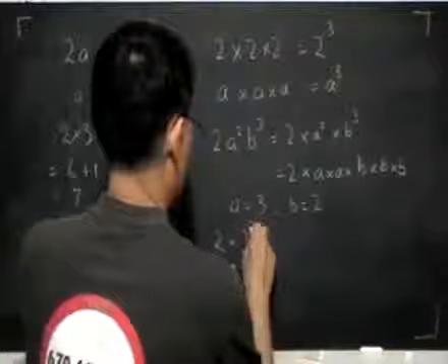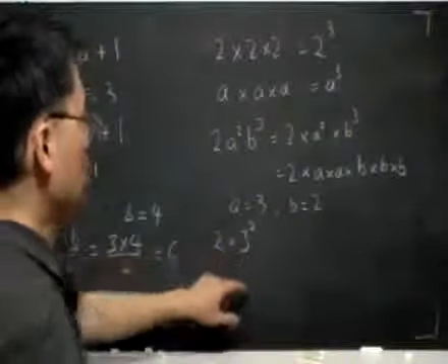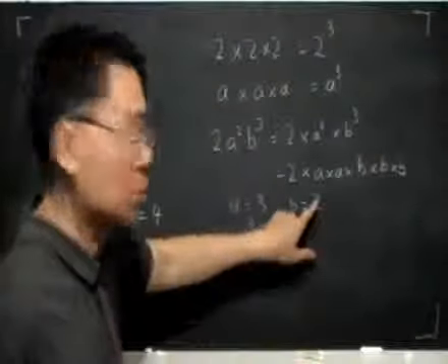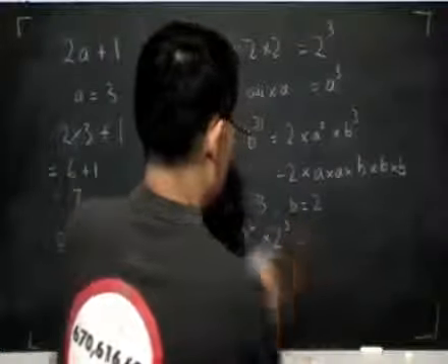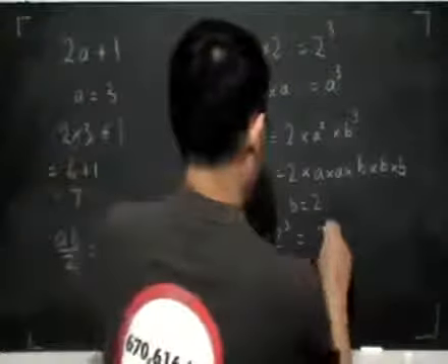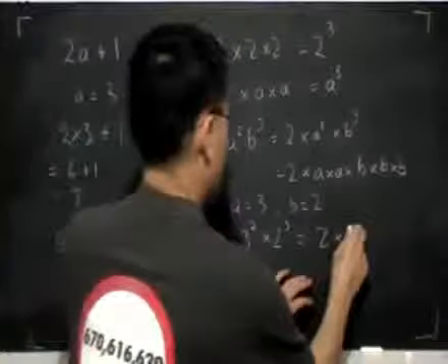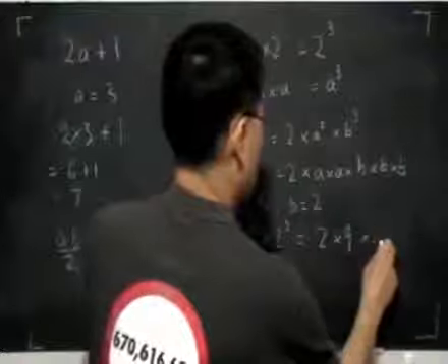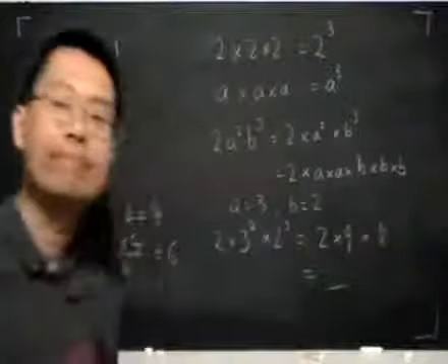That would be 3 squared for a squared, times b is 2, so 2 cubed. Now we have all numbers and we can calculate the answer. 3 squared is 9, 2 cubed is 8. Then we can find the answer.